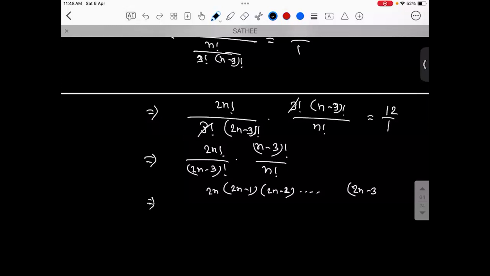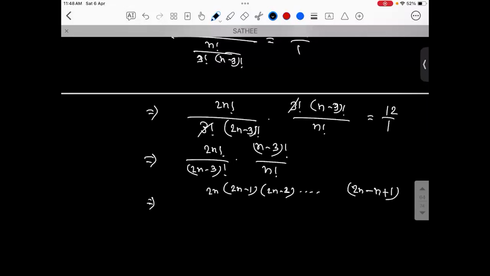And in the other factorial it will be n into n minus 1 and so on, up to n plus 1.